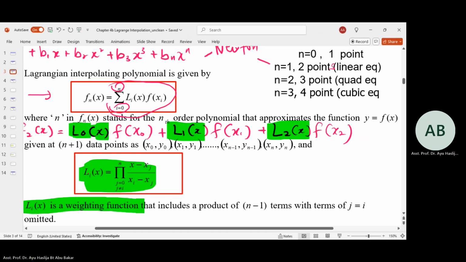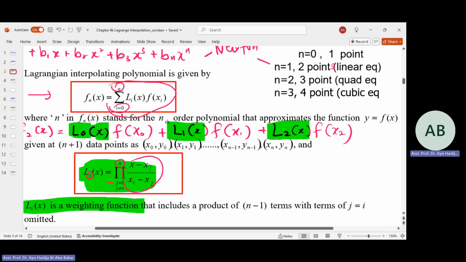Li(x), n is the order. There is i and j over here. This sign is the product of this thing. This is the general equation to find the L, the weighting function: x minus xj over xi minus xj.